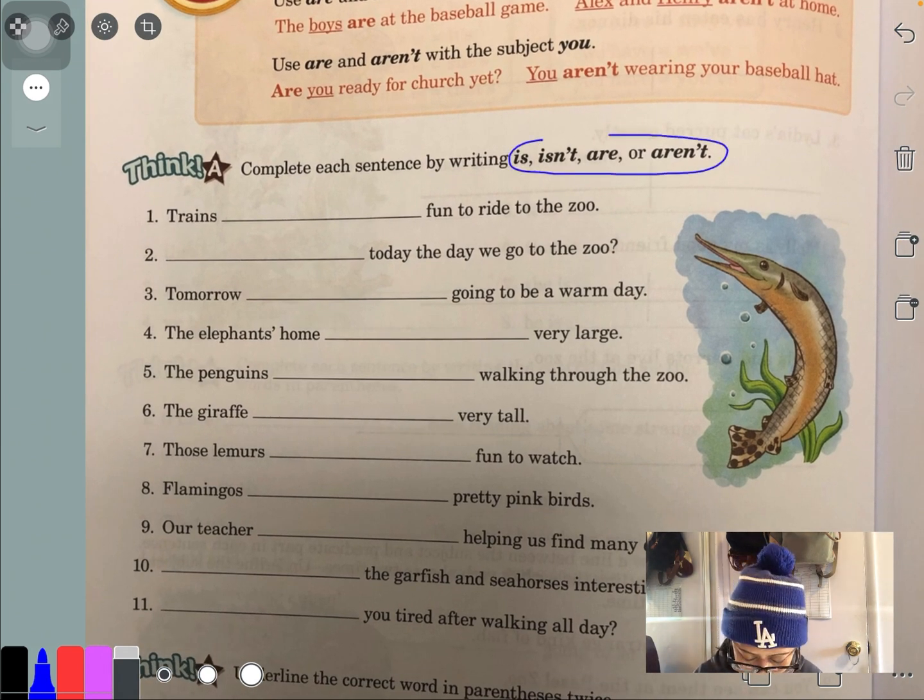So let's practice this in Think A. These are the verbs we're going to use: is, isn't, are, aren't. And we have to determine the correct word to use in the blank based on the number of people doing the action. Okay, so this is a lot of level 5 thinking, because we have to judge and decide the correct answer.